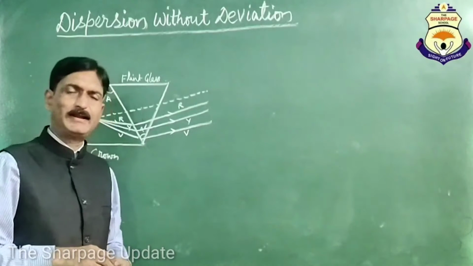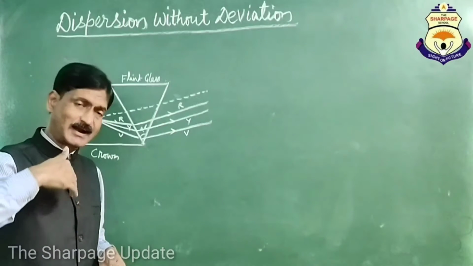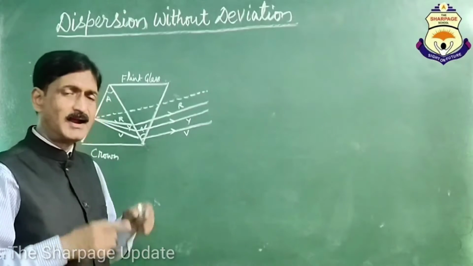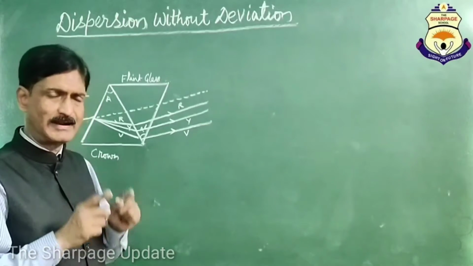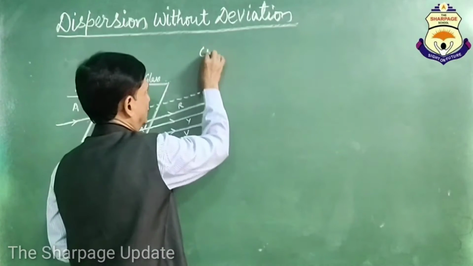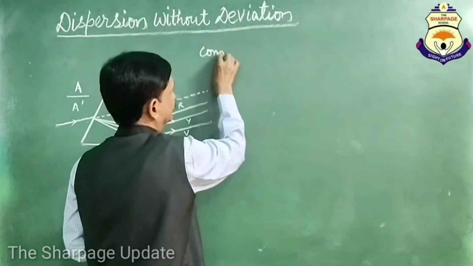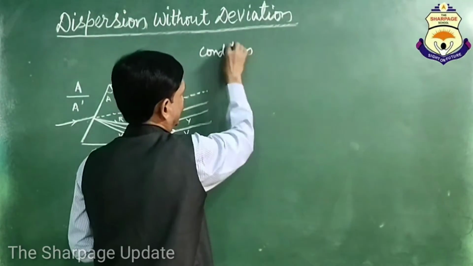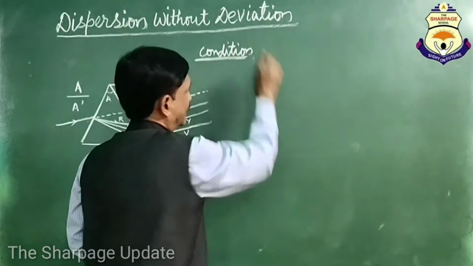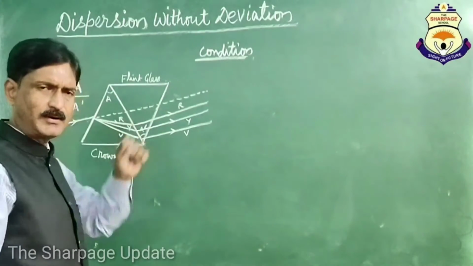So we are finding the ratio of the angles of prism, that is, the condition for dispersion without deviation. Condition means we are finding the ratio of A upon A dash.